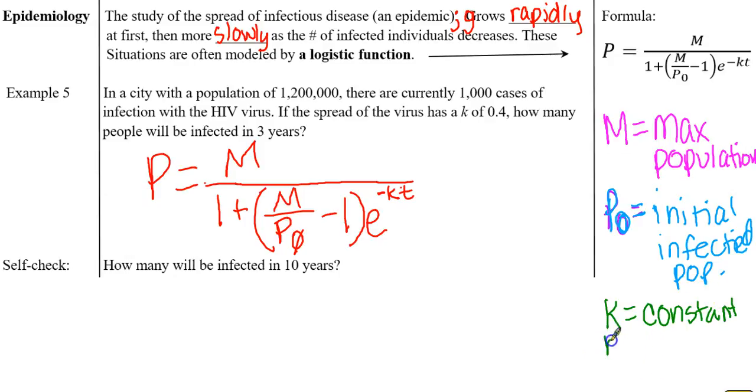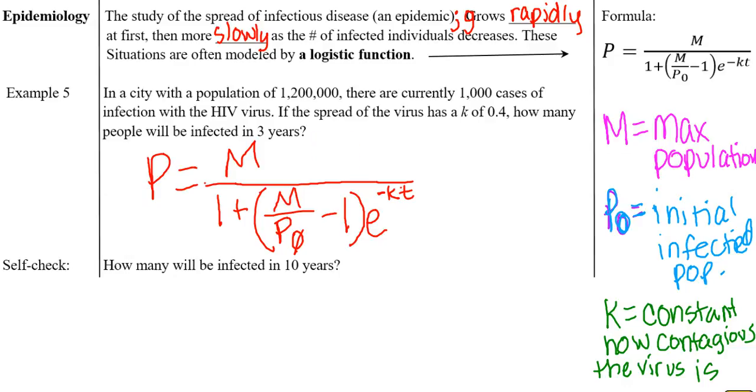So it's a constant that represents how contagious the virus is. How quickly is it going to attack, or how slowly? Okay? All right. And then, of course, you know what e is, and you know what t is, and you know what P is, right?